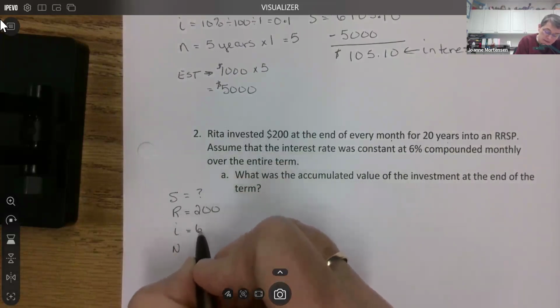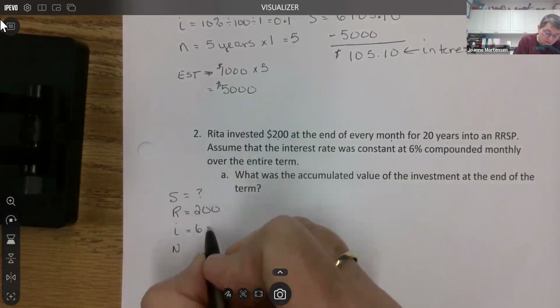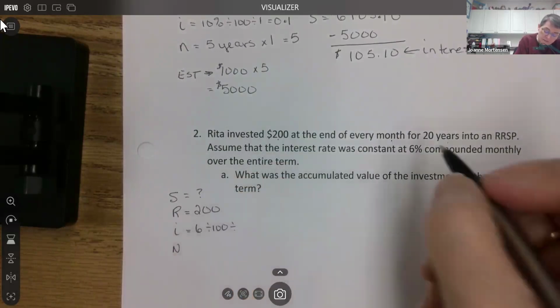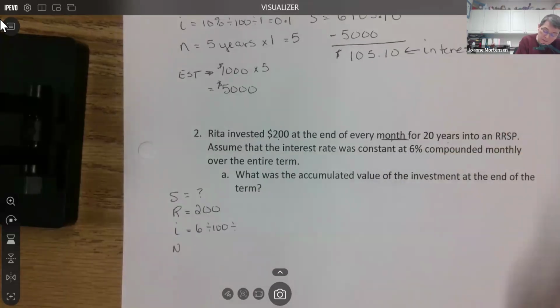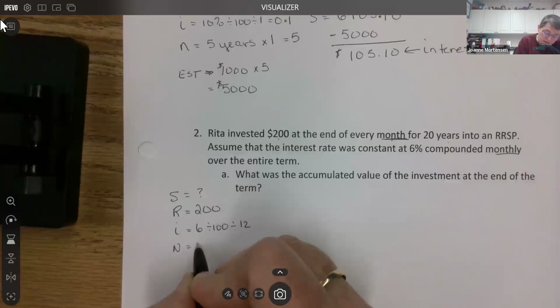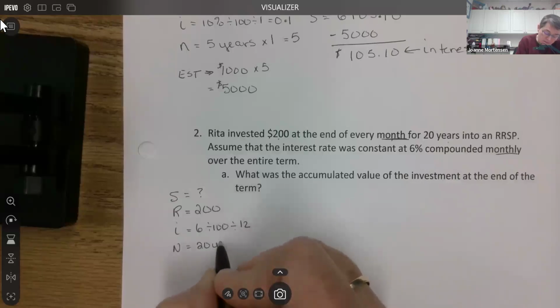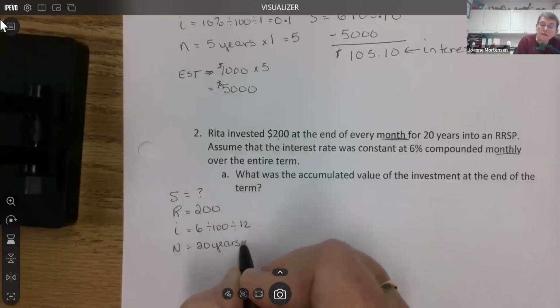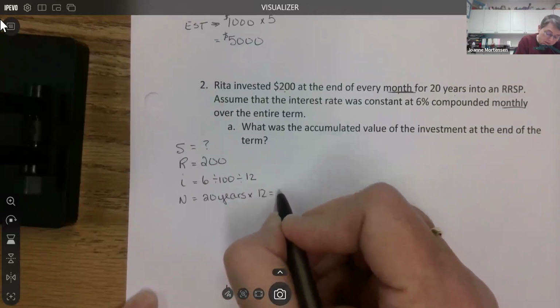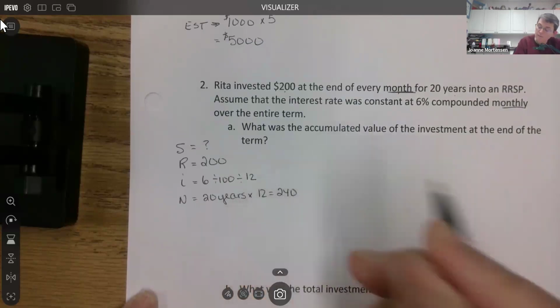My interest was 6 divided by 100 divided by 12, monthly. And my N is 20 years times 12. That's 240 payments.